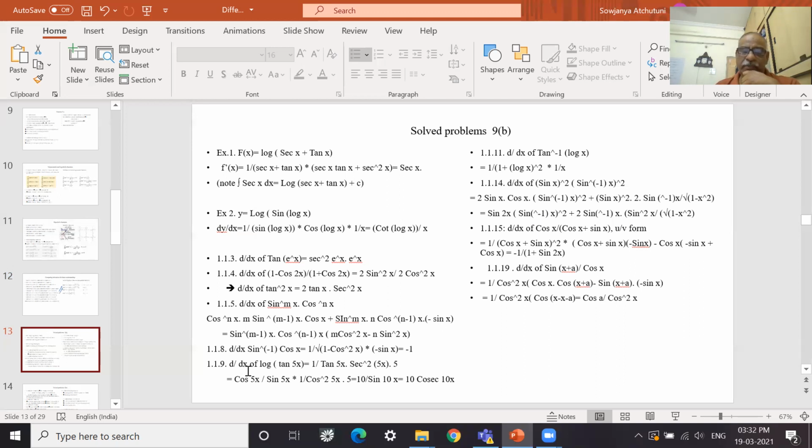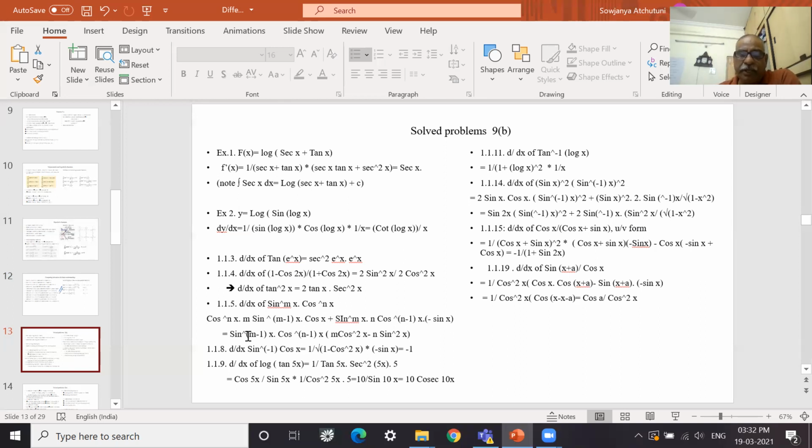Let us see 1.15. Sin to the power of mx into cos to the power of nx. So it is uv. I put cos to the power of nx as constant, m into sin to the power of m minus 1 x into cos x, plus I put sin to the power of mx as constant, n into cos to the power of n minus 1 x into minus sin x.